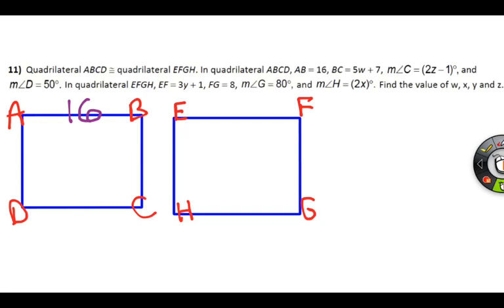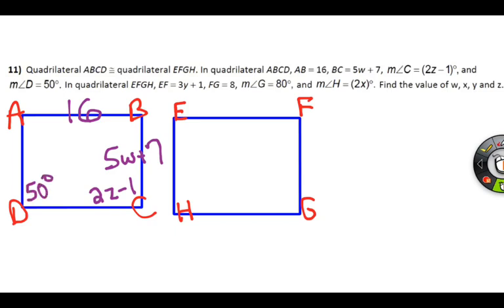BC, let's see where that is. BC is 5W plus 7, so that's 5W plus 7. Angle C is 2Z minus 1, so let's label that 2Z minus 1. And then angle D is 50, so we'll label that.